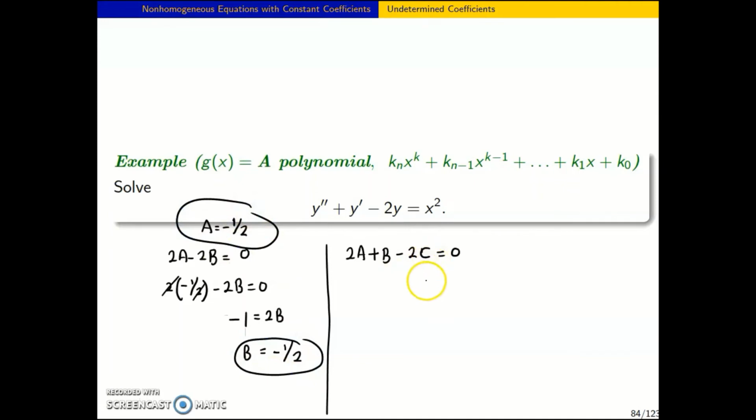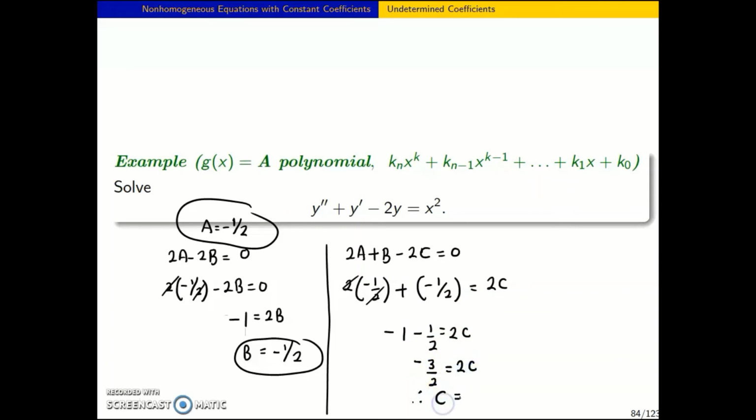So I'm sure we can find c easily. We have 2 times negative half plus negative half equals 2c. Bring the negative over and you have a positive sign. So I have negative 1 minus a half equals 2c, so negative 3 over 2 equals 2c. Therefore, c equals negative 3 over 4.